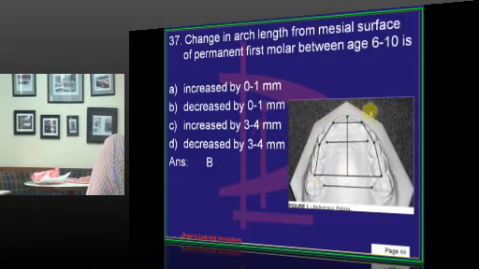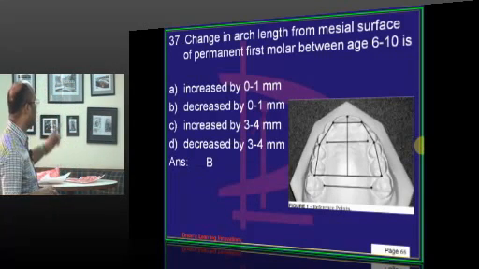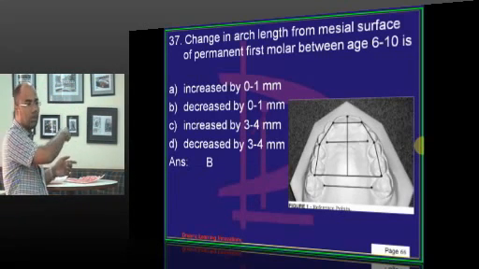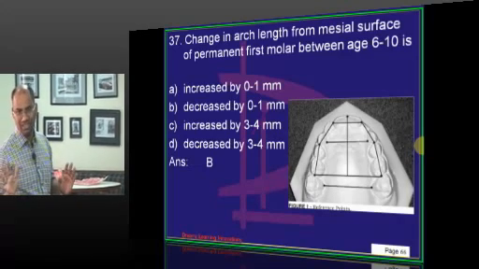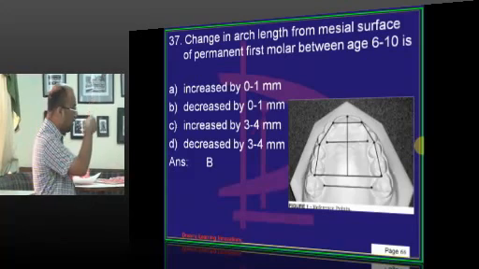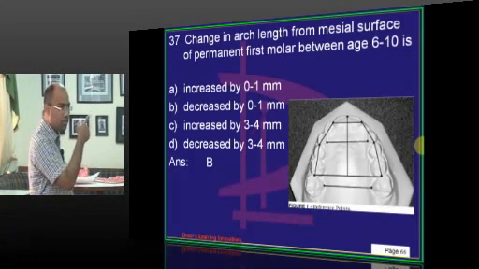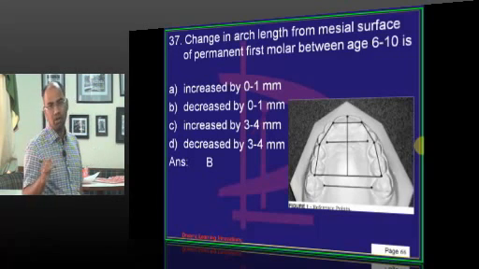Actually, this is called as arch perimeter or arch circumference, and this is your incisor, this is your intercanine, and this is your intermolar. Okay. But many a time in exam, if you say arch length, it is nothing but your arch perimeter only. Actually speaking, arch length is that from the midline down. Okay. But arch perimeter or arch circumference only is referred to as arch length.